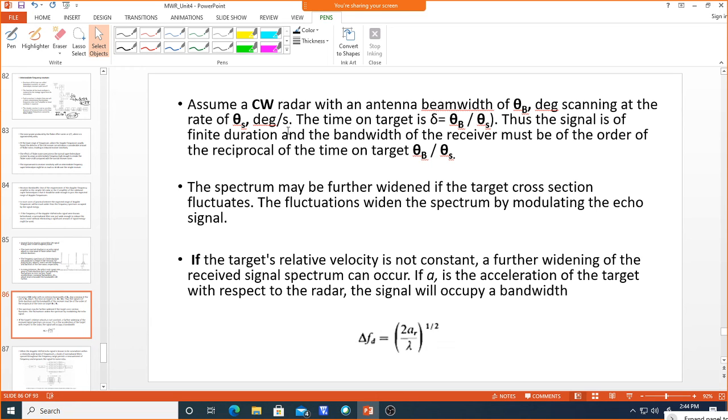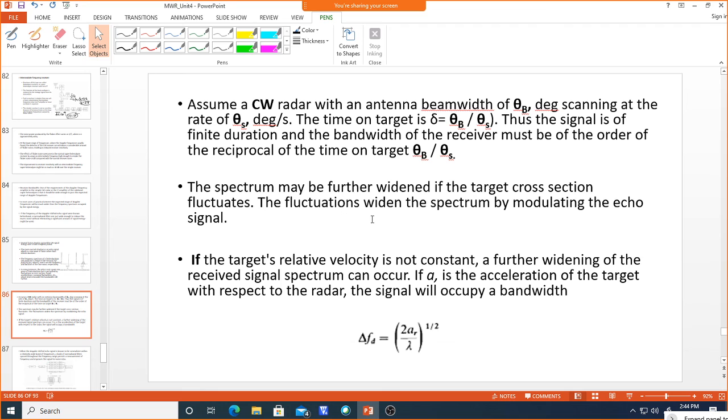If the signal is of finite duration, the bandwidth of the receiver must be of the order of the reciprocal of this time on target, that is 1 over delta. So this will be 1 over theta b by theta s, which gives theta s by theta b.